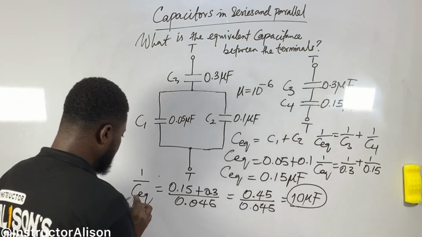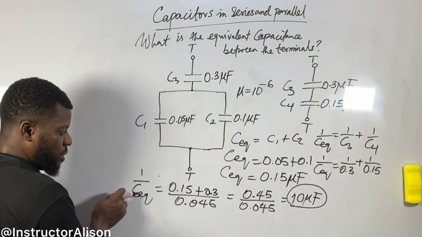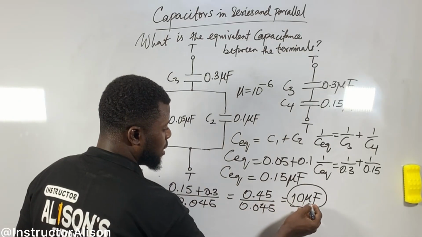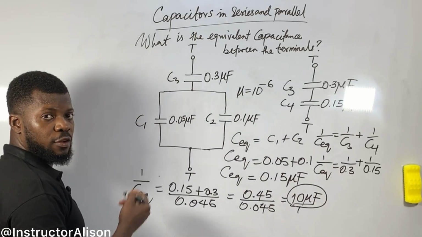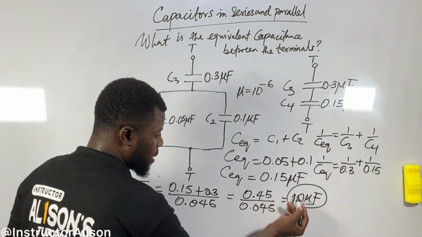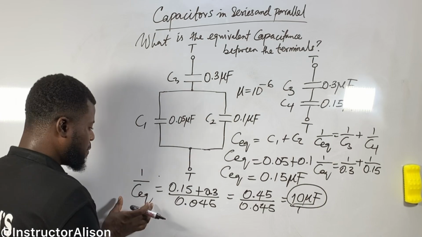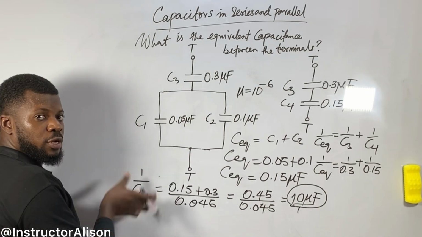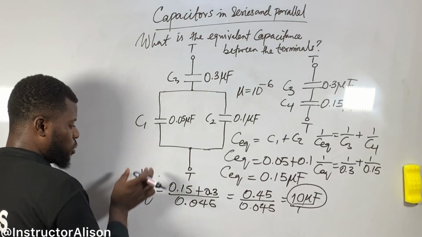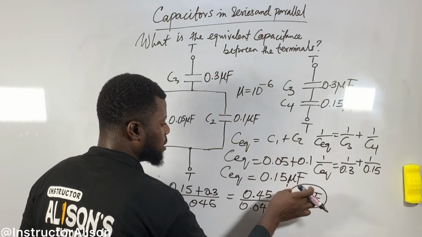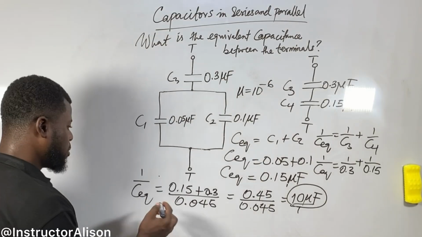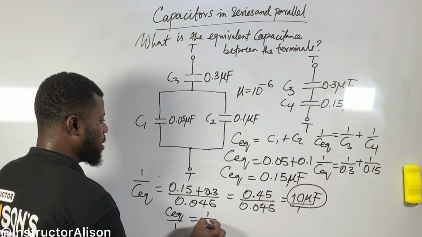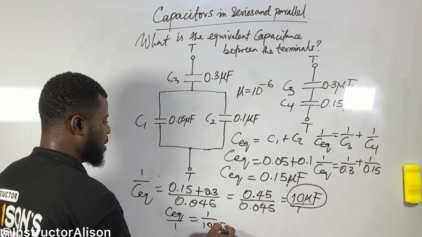Remember say e dey find the C equivalent, no be 1 over the C equivalent. So this 10 just be like 10 over 1, the same thing as 10 now. I put am in fraction because this one dey in fraction. So because e dey find this C equivalent, no be 1 over C equivalent, e go flip am, turn am upside down. So you can get C equivalent over 1 equal to 1 over 10 microfarad.